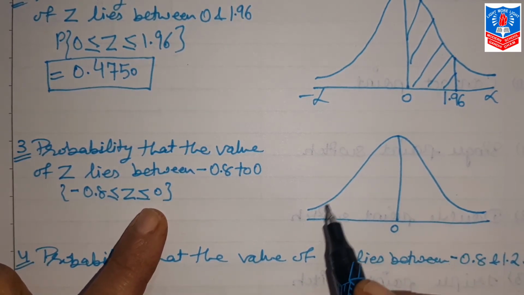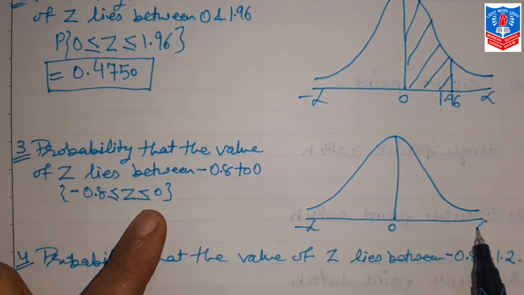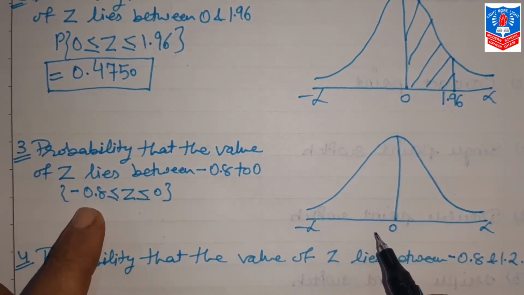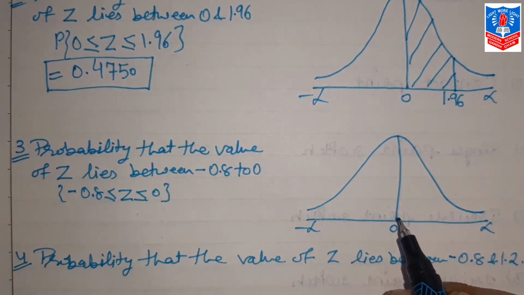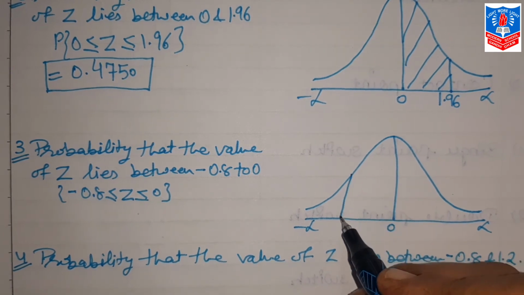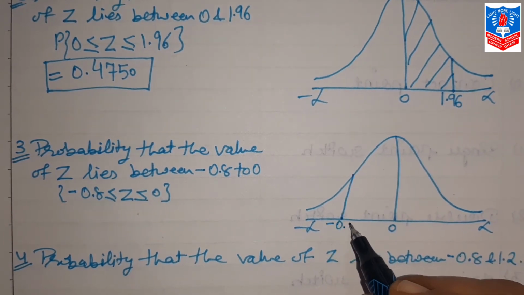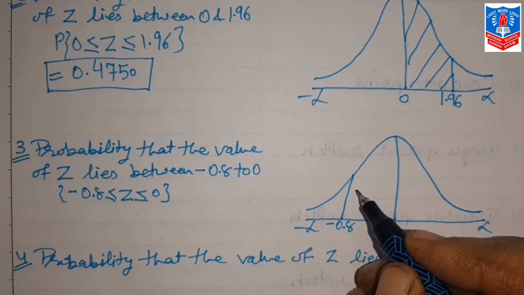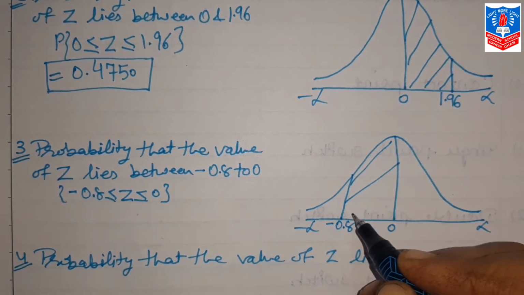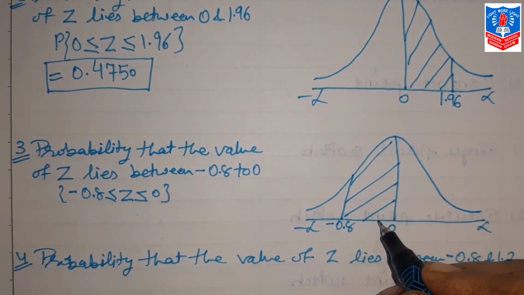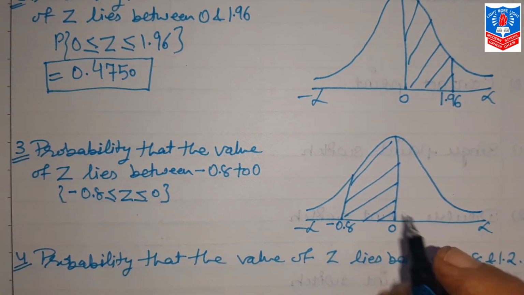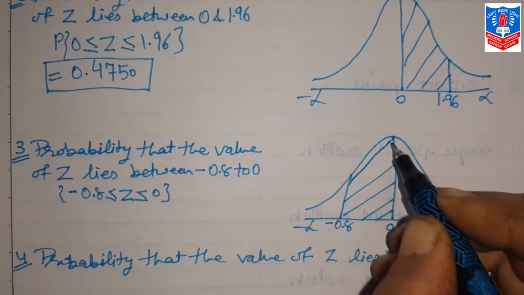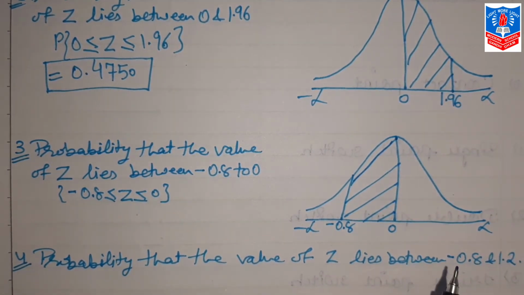Now if we show it in the diagram, since it's minus, it will be on the left hand side. Here will be this minus 0.8 to 0 and the area will be this. Now again this we see in the Z table.